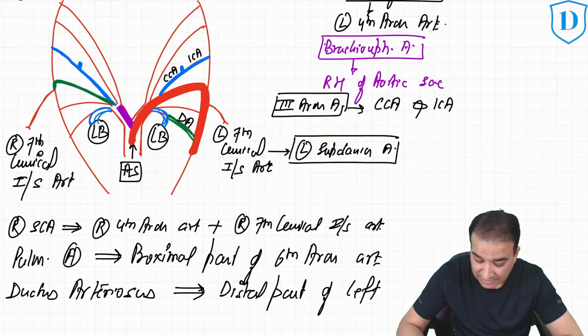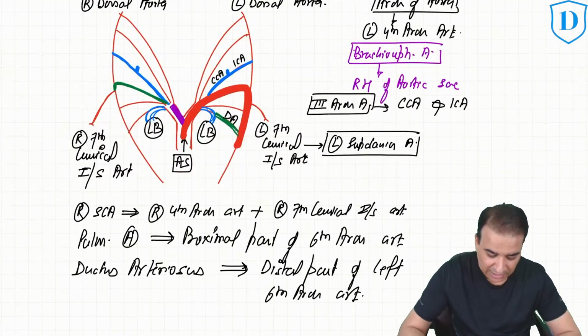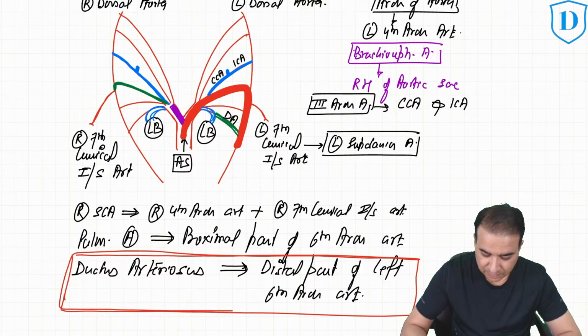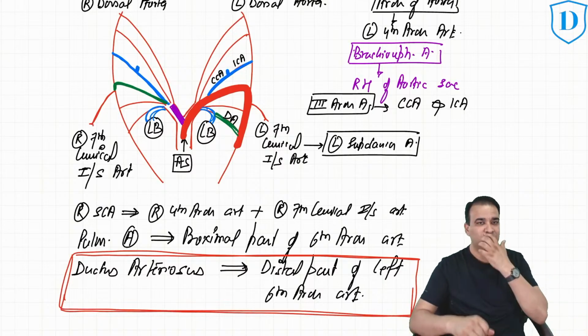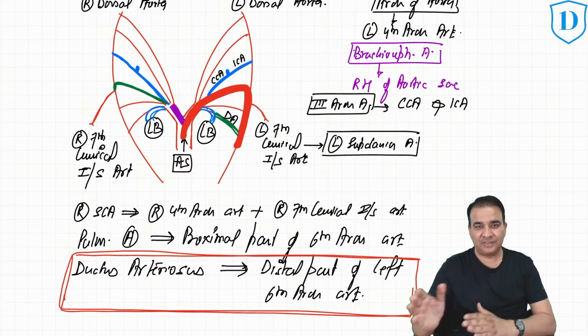It's important, left, guys. The distal part of the left 6th arch artery gives rise to the ductus arteriosus, and that actually was the question asked in the exam.